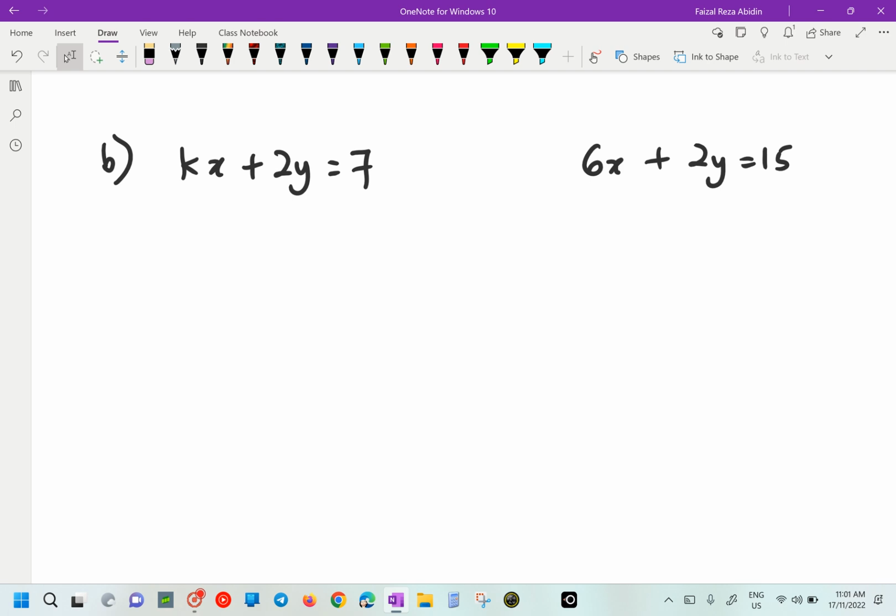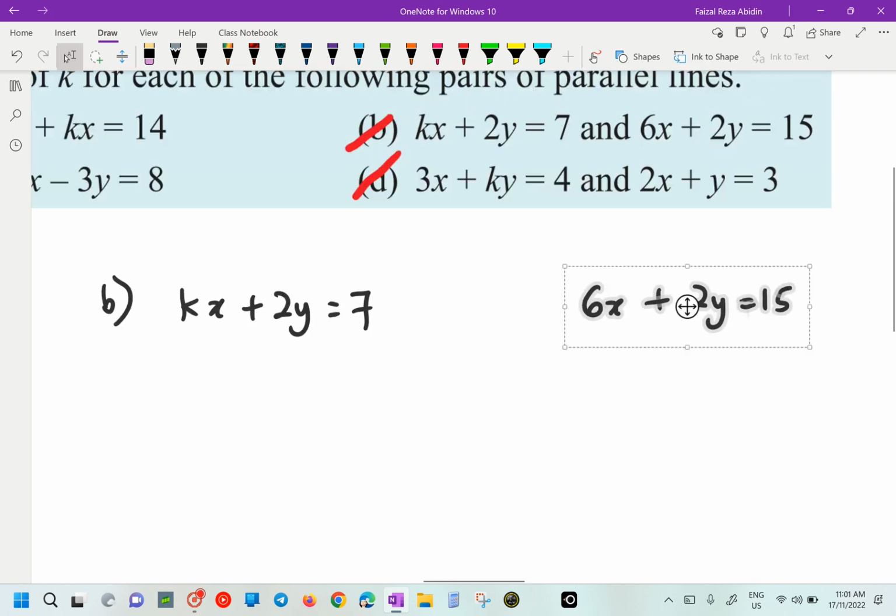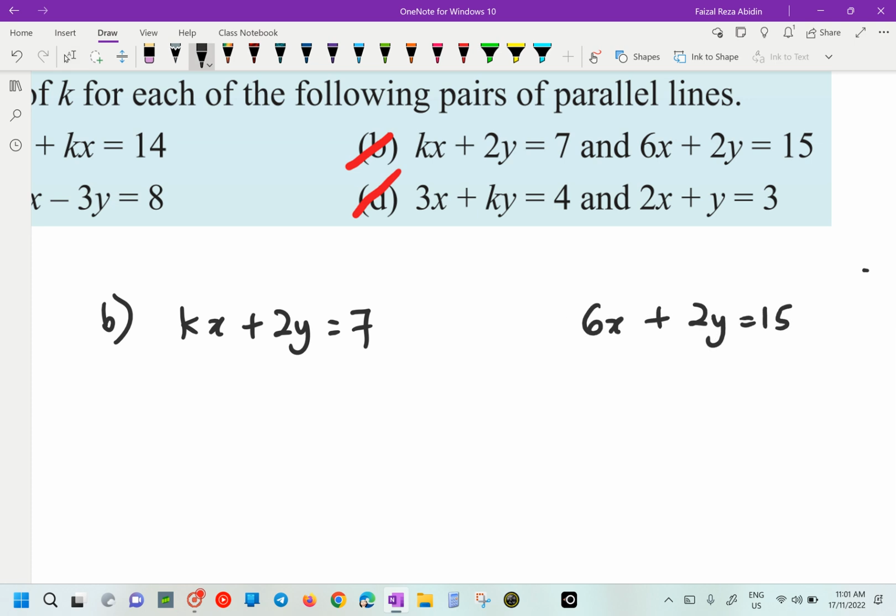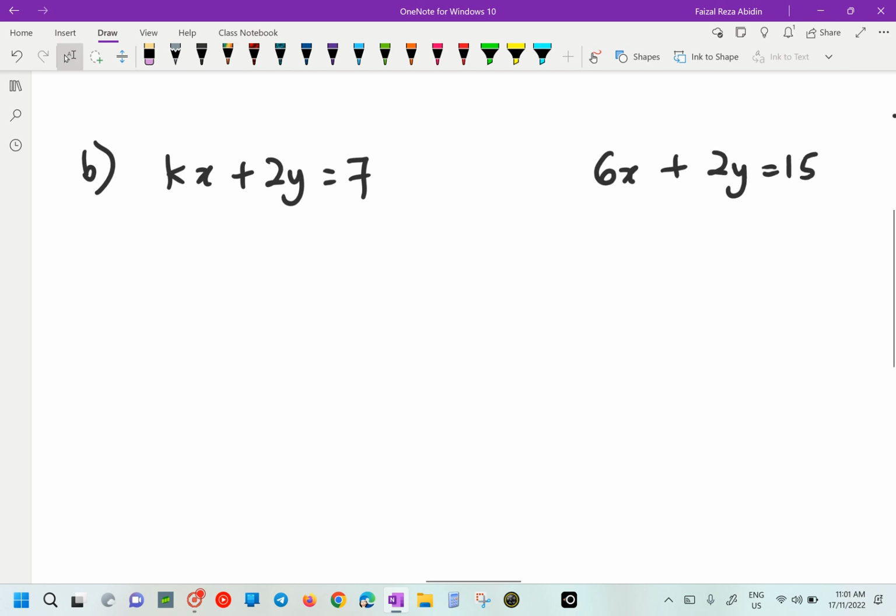Find our gradient, because we know that we are going to have parallel lines, isn't it? So the first equation and the second equation, our gradient must be the same, because it's parallel line. We just want to know our value of k. Now first thing first, I'm going to do what over here? Bring kx, isn't it?